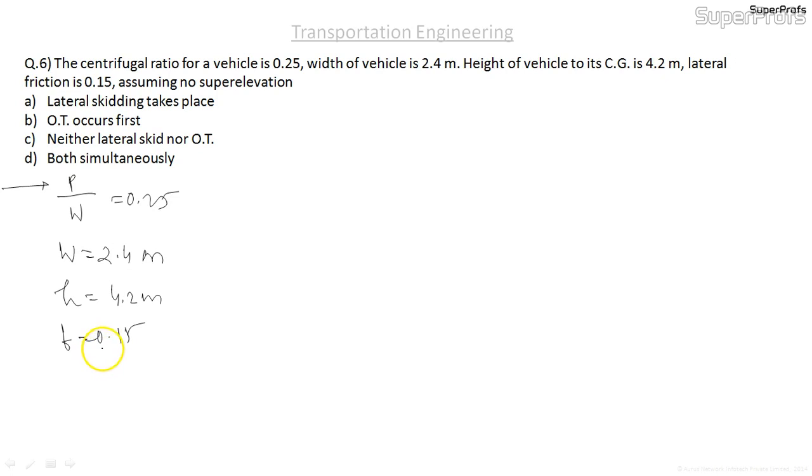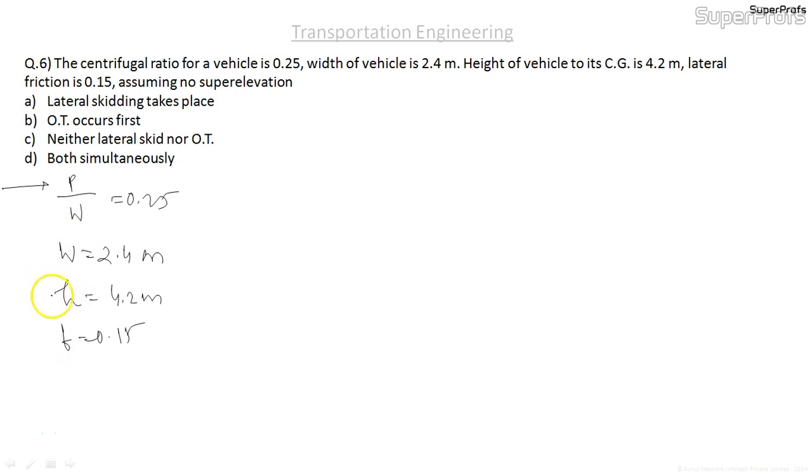Assuming no super elevation, which of the following occurs? Whether it skids or it overturns first, it neither skids nor overturns, or both of them happen simultaneously.